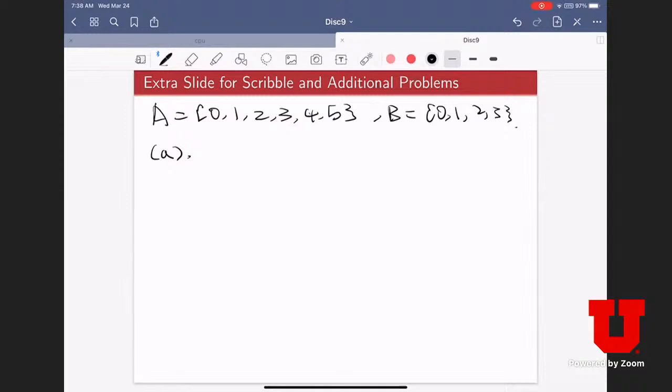And this is true. Why is this true? Because you cannot actually create a function, just by looking at the domain and codomain, that is 1-to-1.